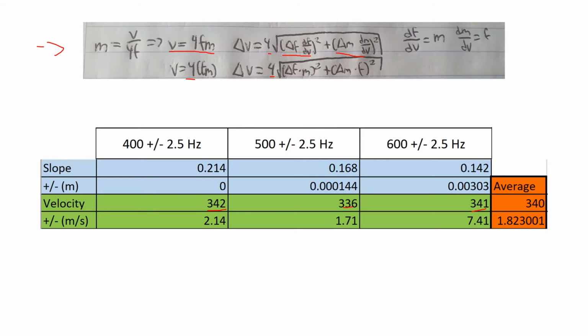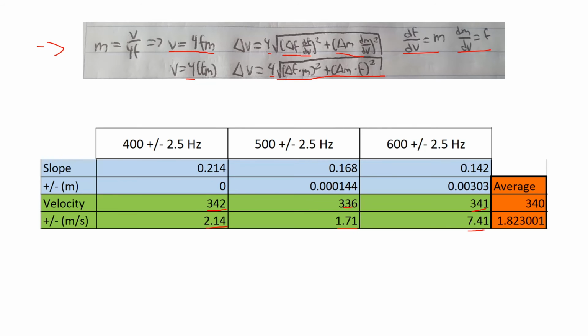As it's just a multiplication, the derivative with respect to the slope was just the frequency, and the derivative with respect to the frequency was just the slope. So therefore we have this formula of 4 times the square root of the uncertainty for the frequency times the slope squared, plus the uncertainty of the slope times the frequency squared.